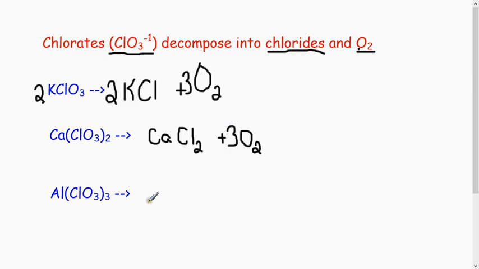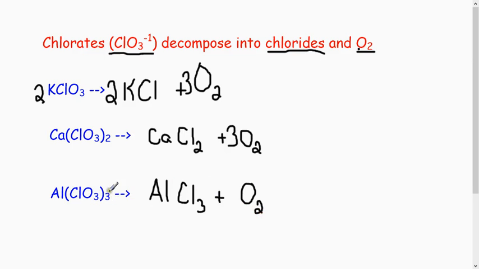Aluminum chlorate. The aluminum is going to go with the chlorine. Aluminum has a charge of 3. Chlorine is -1, so AlCl3 plus my other product is going to be the O2. 1 aluminum on both sides, 3 chlorines on both sides.